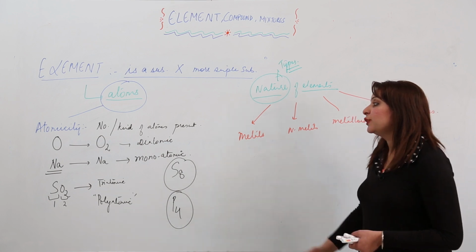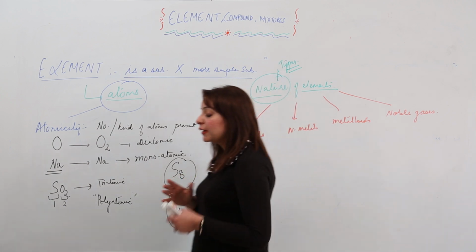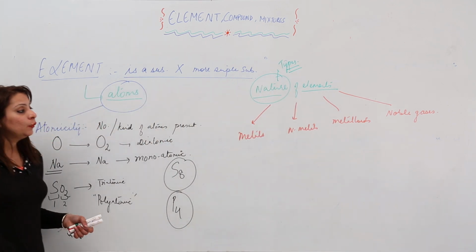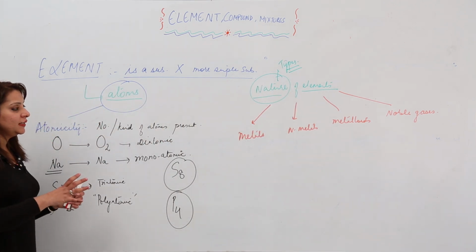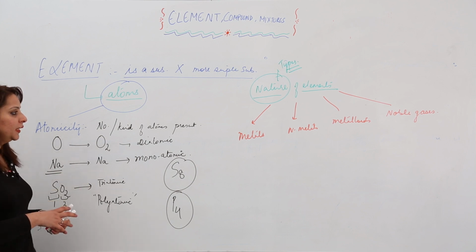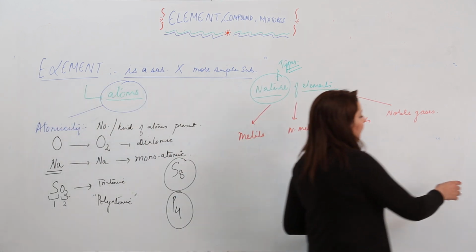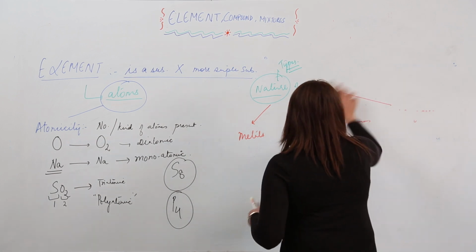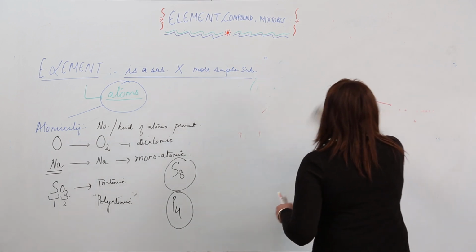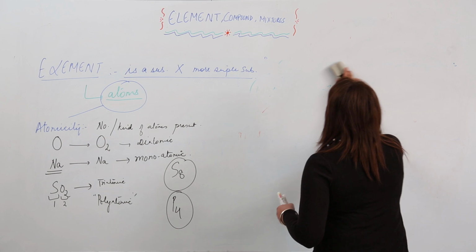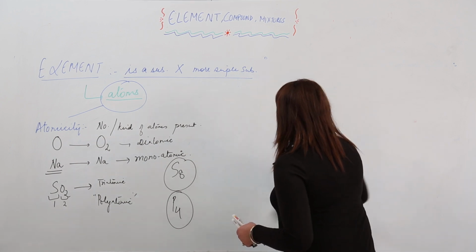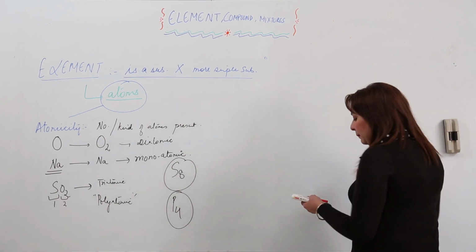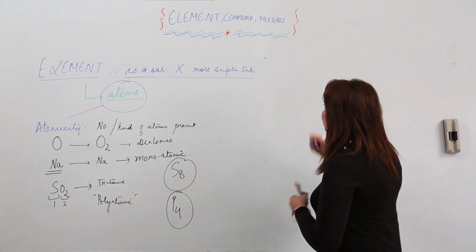We are taking up the difference just to know what the properties are. We are just taking up the metals and the non-metals in detail, just to differentiate between them, so that you know in a better way what properties are exhibited by metals and non-metals.